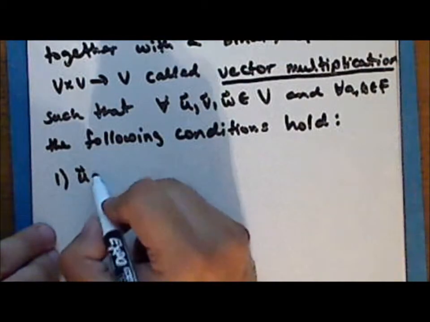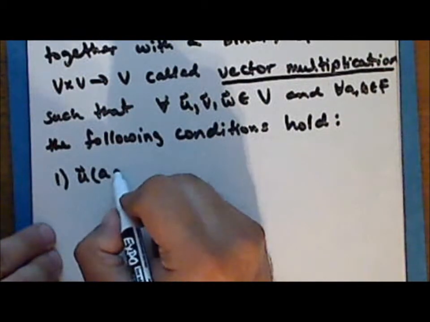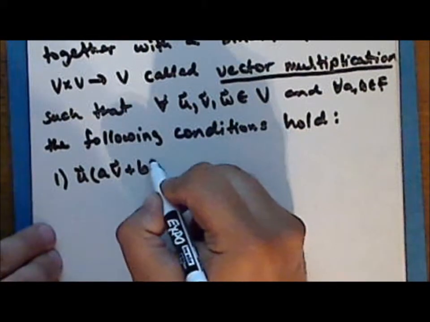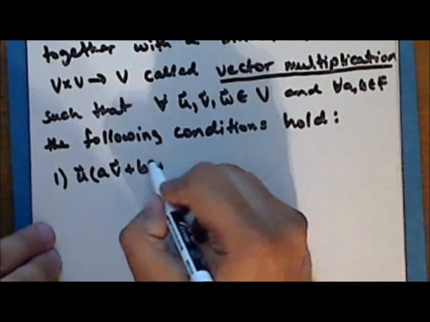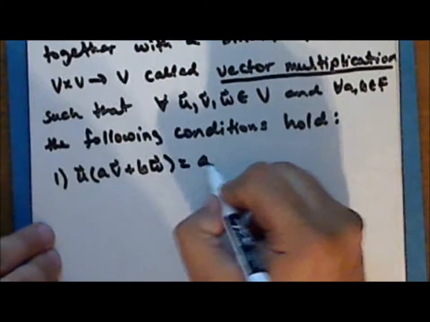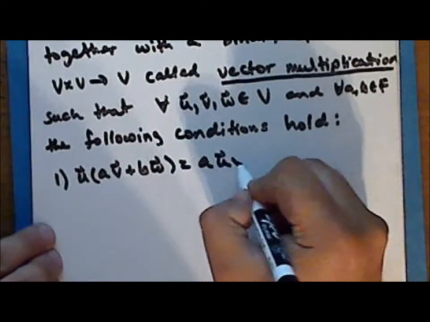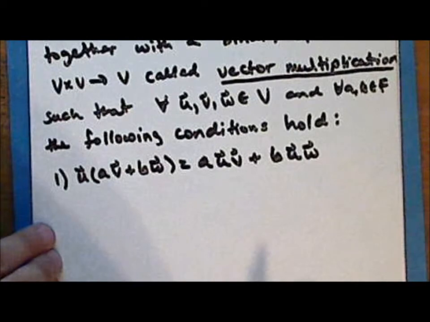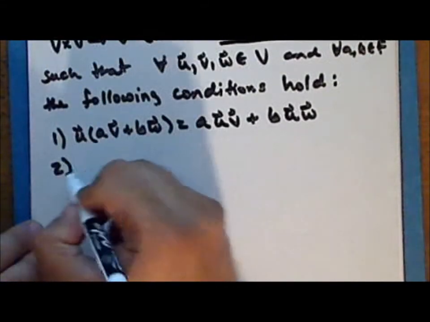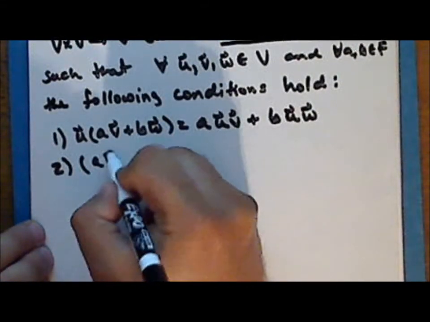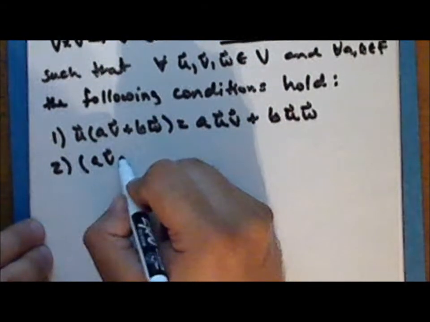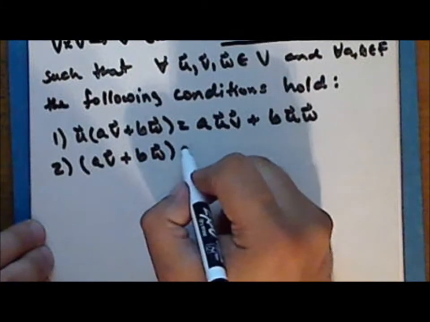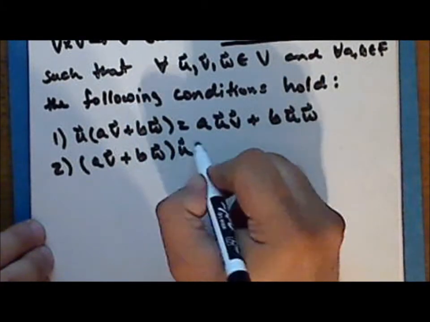A vector times a sum of scalar multiples of two vectors is the same as the scalar multiple of the vector products, and a sum of scalar multiples of two vectors distributes over a single vector.